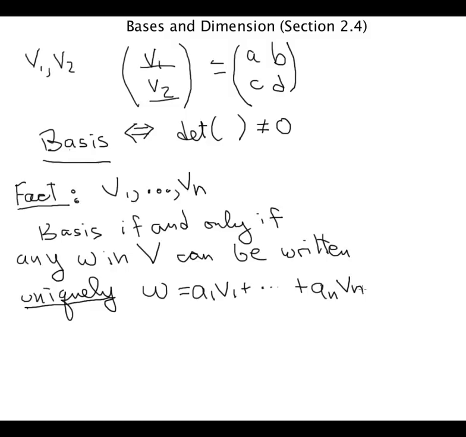So a set of vectors is a basis if and only if every vector in the vector space can be written uniquely as a linear combination of those.